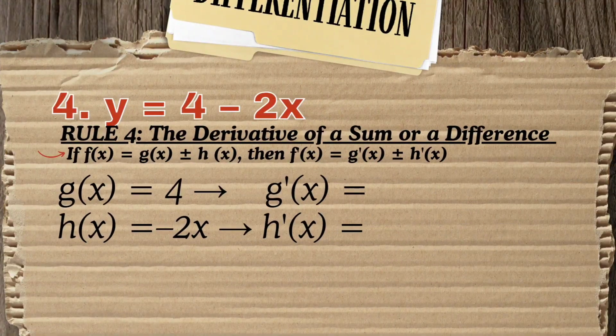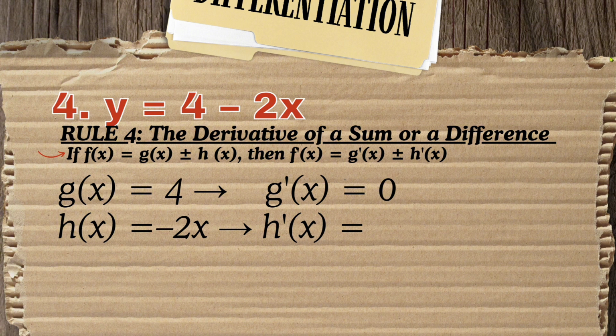So, for number 4, we have y is equal to 4 minus 2x. Ganon din dito. Kukunin muna natin ang derivative ng 4, then yung derivative naman ng 2x. On this function, we will apply din ang rule number 4, which is the derivative of a sum or a difference. So, ang derivative ng 4 natin ay 0 since constant siya.